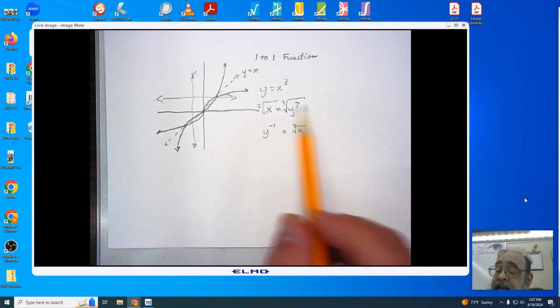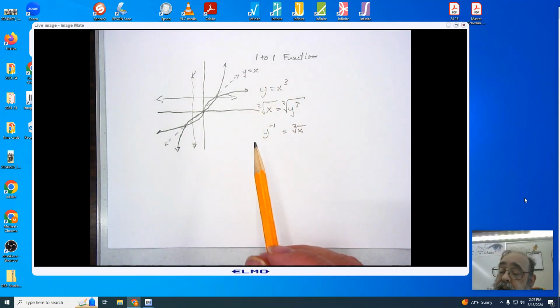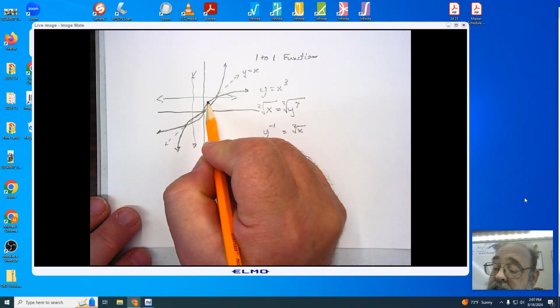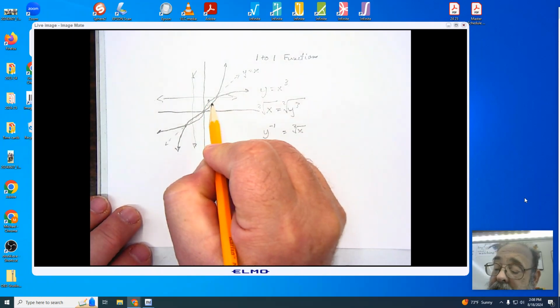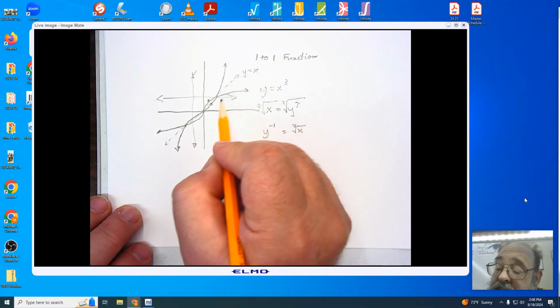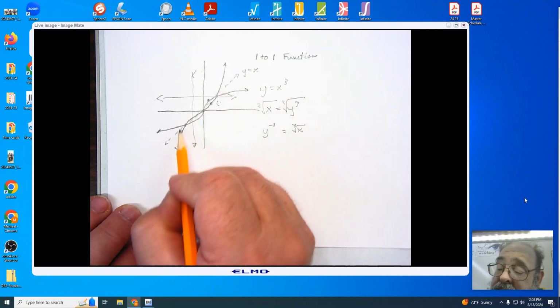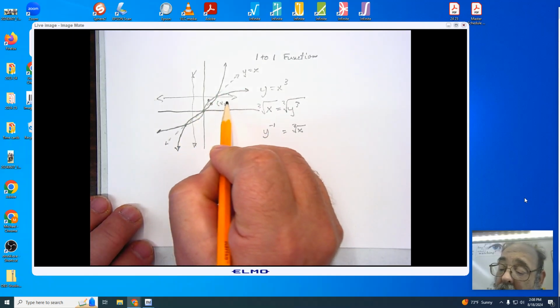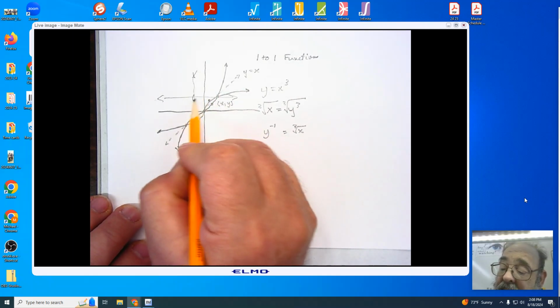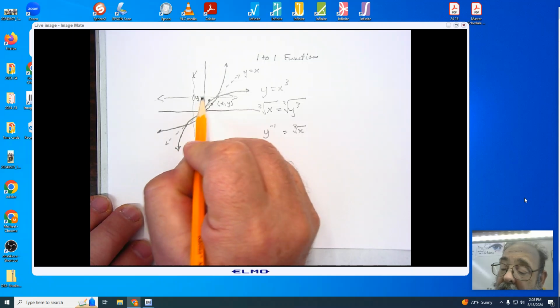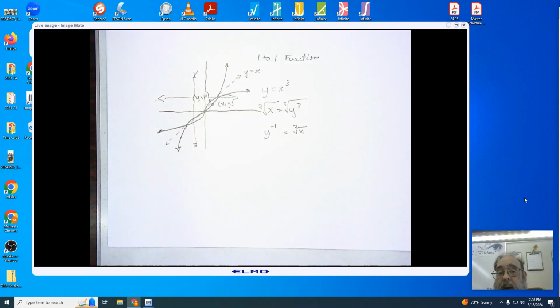So we now have this idea of a one-to-one function. The inverses have points that are now reflected through this y equals x axis. So that if I have this point on the original graph called (x, y), its inverse is now (y, x). And they've actually flipped places.